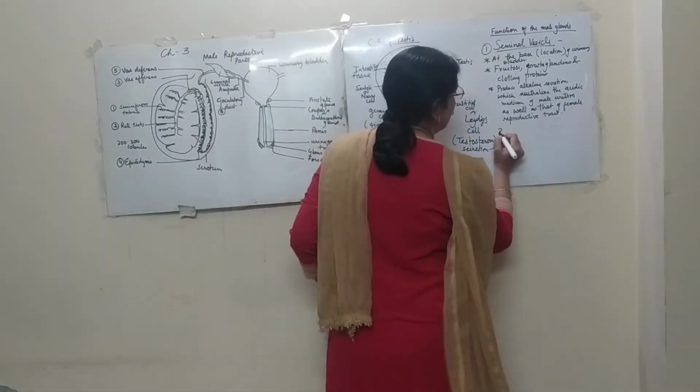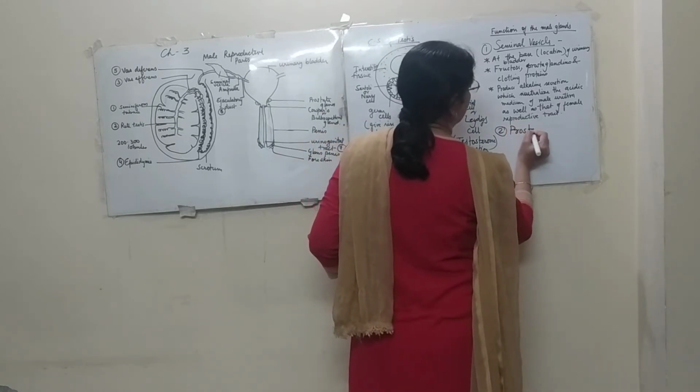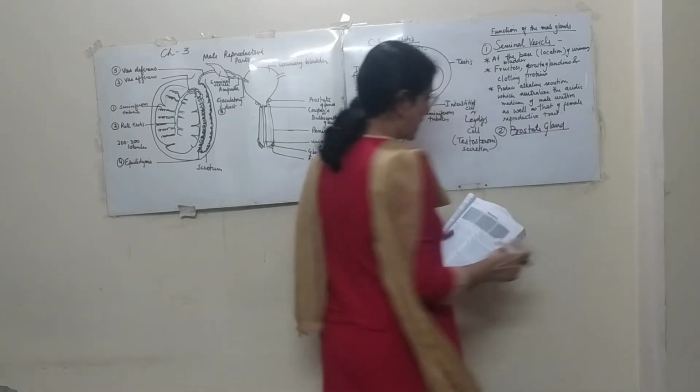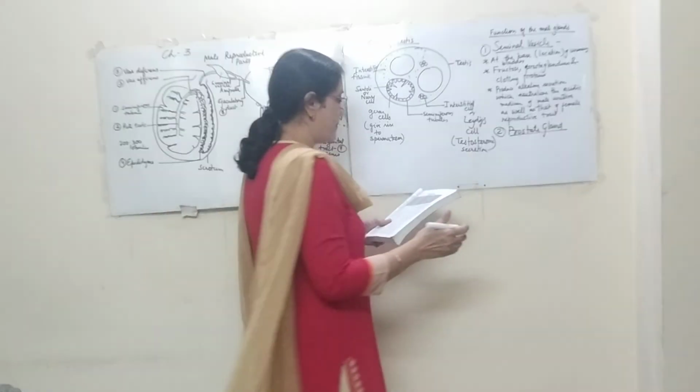Our next gland is the prostate gland. Now what happens in the prostate gland? It nourishes and activates the spermatozoa.